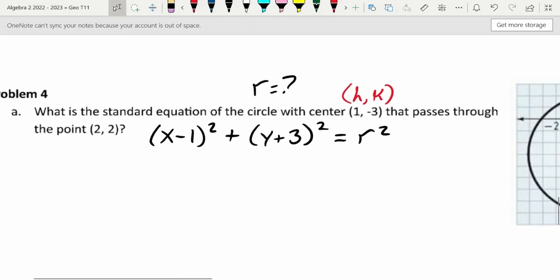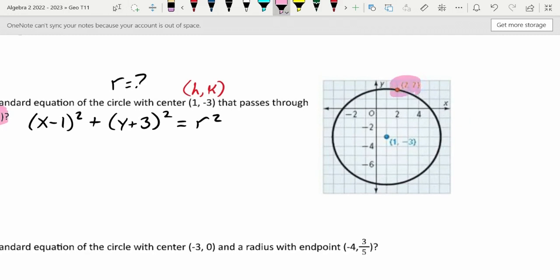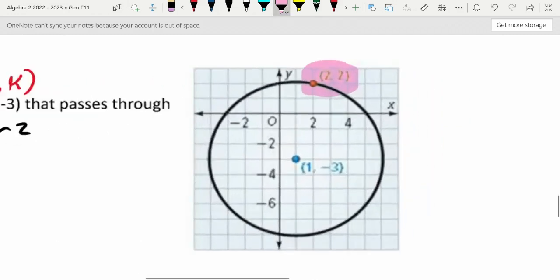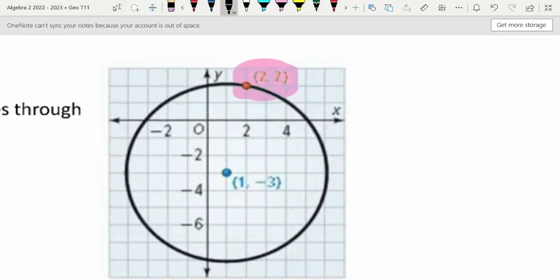If we go over here, it says it passes through the point 2 comma 2, which if we look on our graph is right here at 2 comma 2. To figure out the radius, we're going to need to calculate the distance from 2 comma 2 to 1 comma -3. There's a couple ways we can do this.